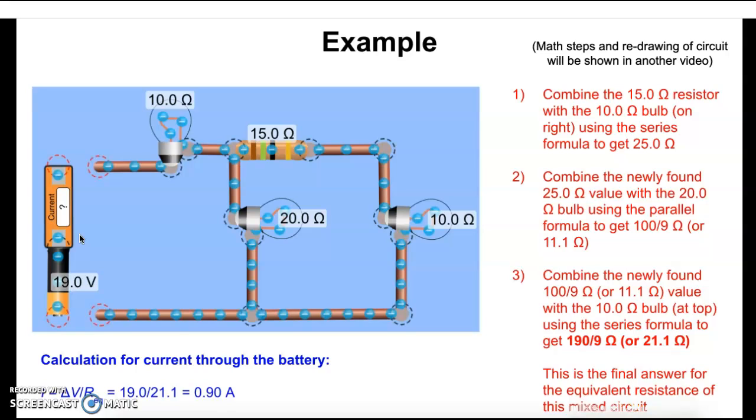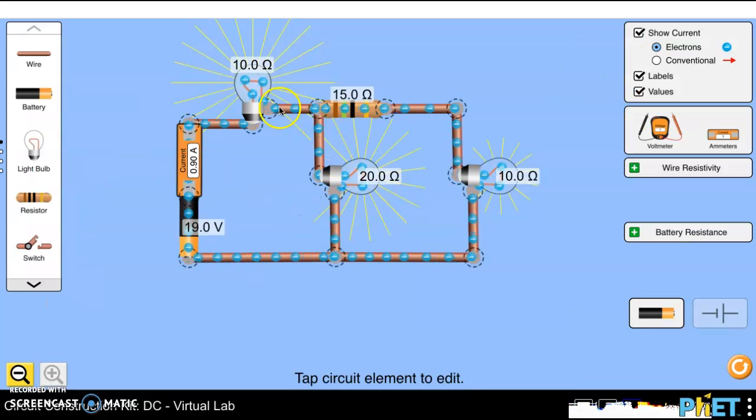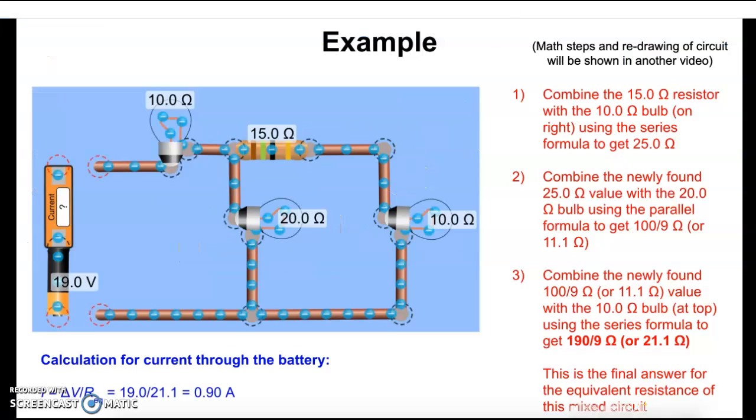So take the 19 volts divided by the 21.1 ohms, and that should give me a current of 0.9 amps. I went ahead and built this in the circuit construction kit to check, and the math is correct. The simulation gives me 0.90 amps for the current through the battery.